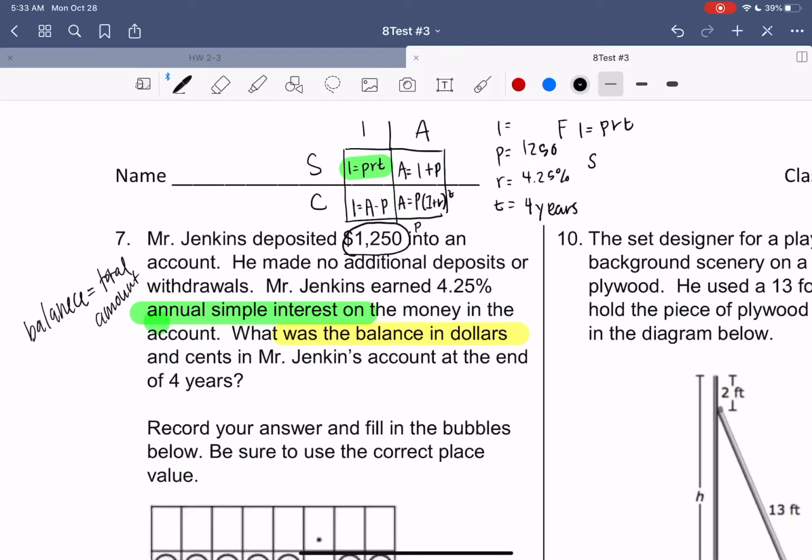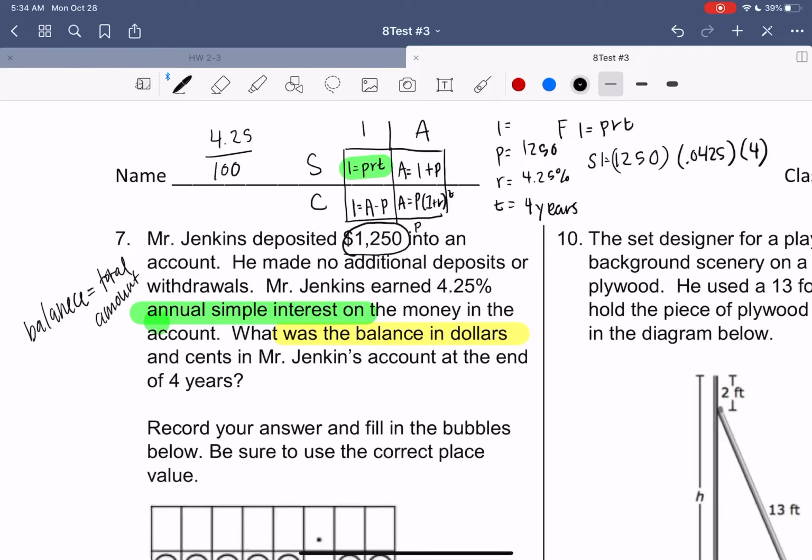And when I substitute, I have 1250 times, again, 4.25 divided by 100, so 0.0425, and then multiplied by 4 years.